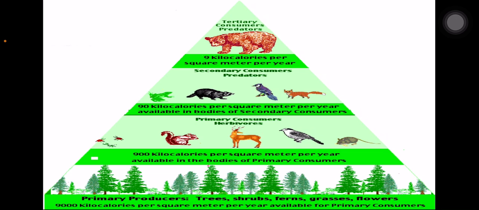And then above this, we have the secondary consumers, which are some amphibians, raccoons, birds, and a fox. And then above that, we have the tertiary consumers, which are the top predators, and that is, for example, a bear.